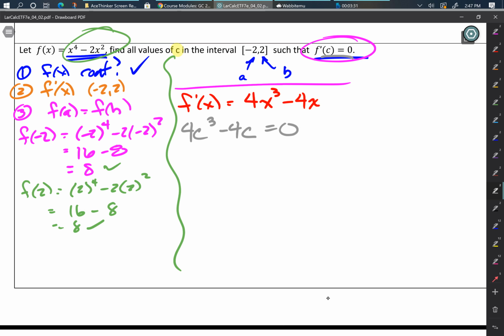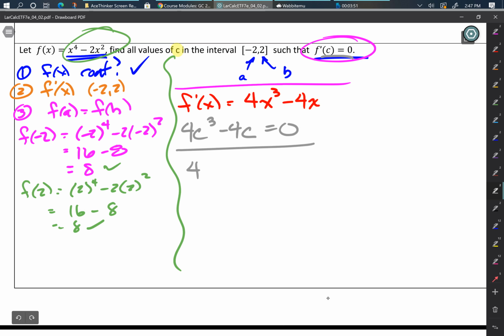You're more than welcome to do that and then work the entire calculation with c's in it. You can also leave it as x, but just remember that in the end, the answer isn't x equals 5. The answer is c equals.